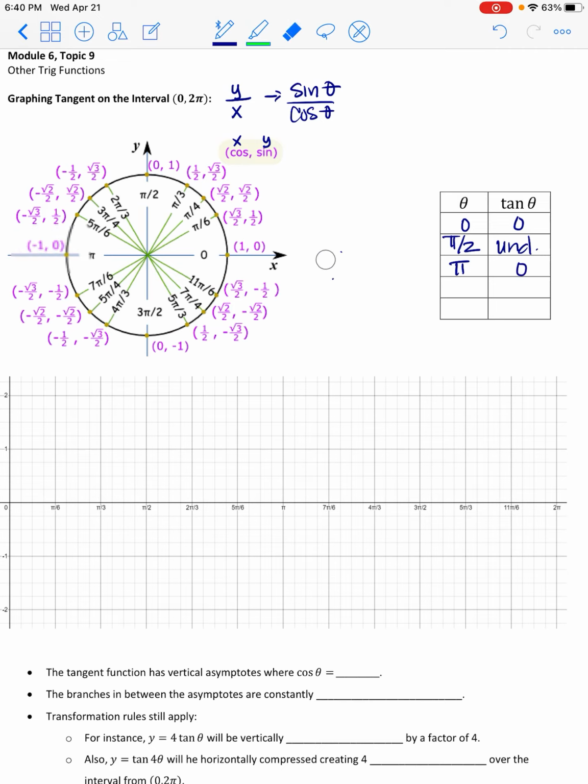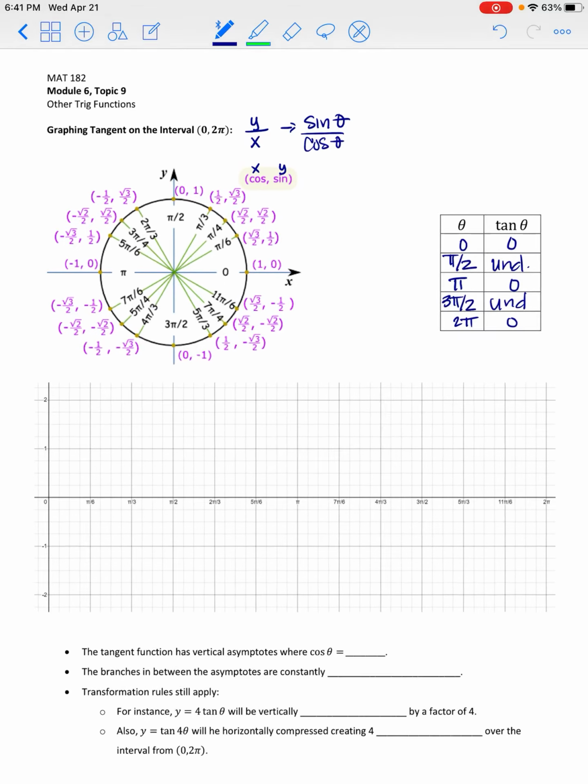Fast forwarding to 3 pi over 2. At 3 pi over 2 radians, we have sine over cosine, negative 1 over 0 being undefined once again. And then fast forwarding back around, full circle, back to 2 pi. We're back to where we started, where we're at 0 again.